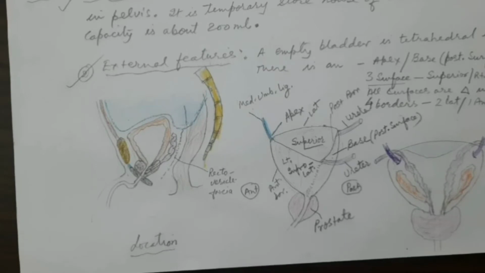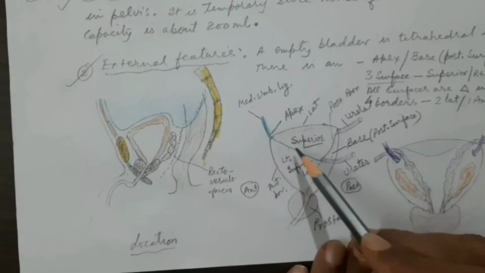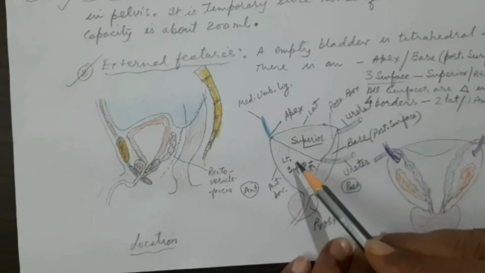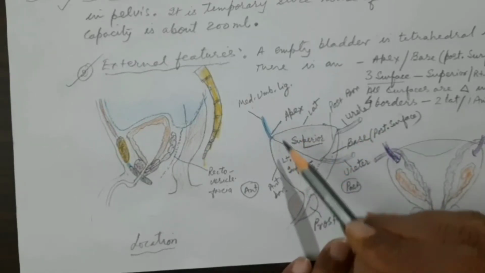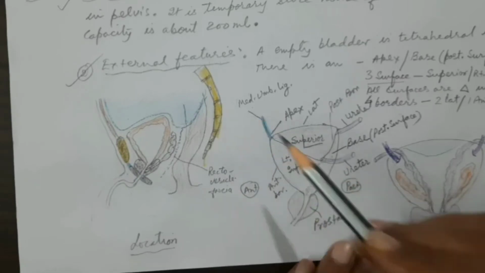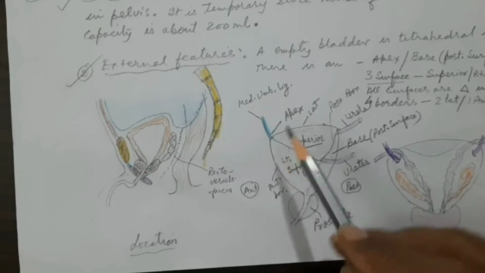This is a remnant of the urachus, which is the continuity of the vesico-urethral tube, having a communication to the umbilicus through the urachus.